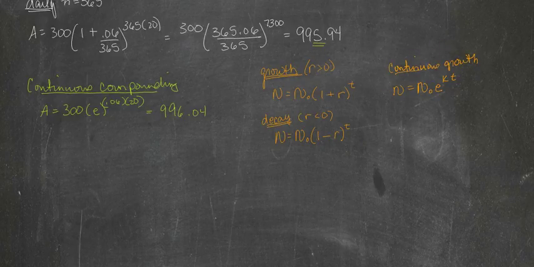And that would describe something like a bacterial colony growing or a reaction in a test tube. And then N equals the initial amount times E to the negative KT would be decay. Continuous decay.